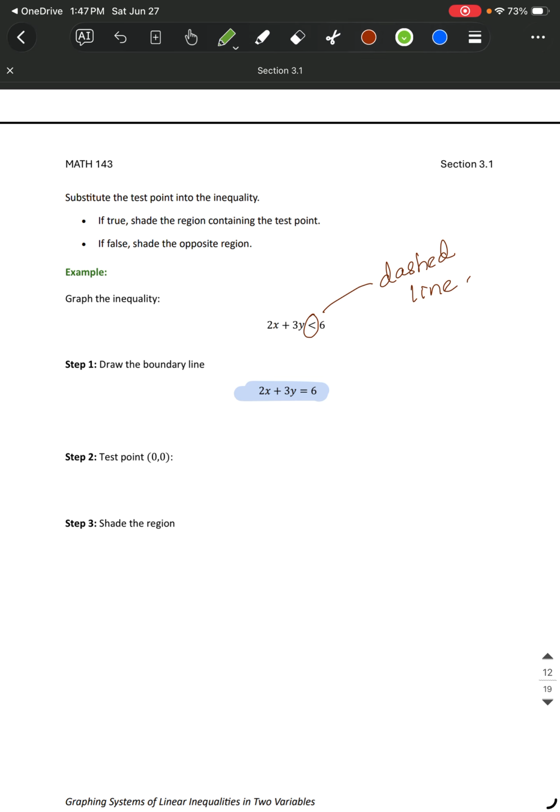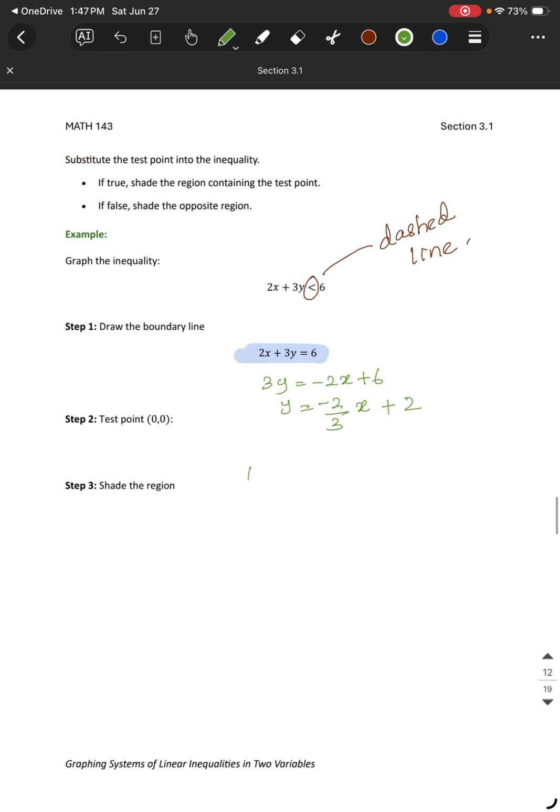Okay, let's simplify the equation here. 3y equals negative 2x plus 6, y equals negative 2/3 x plus 2. Okay, we wanted to draw the boundary line. So 2 points are enough.